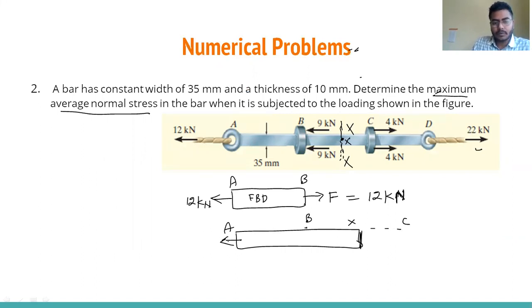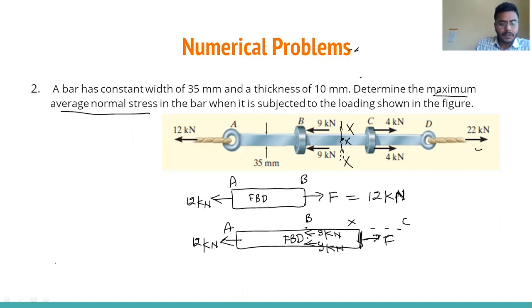I'm drawing the free body diagram. So this is the 12 kilonewton. Just assume some other force F. Now we will see at the B position there are two external forces coming: 9 kilonewton and another 9 kilonewton.